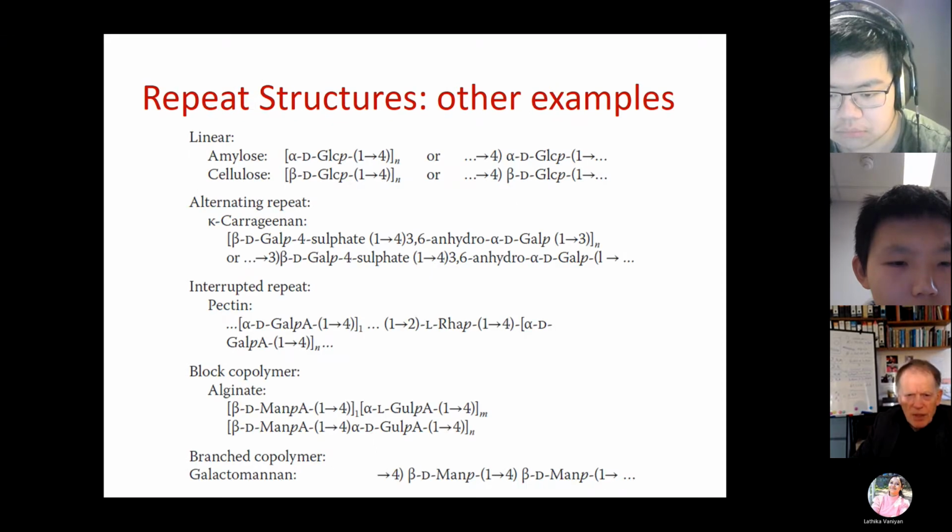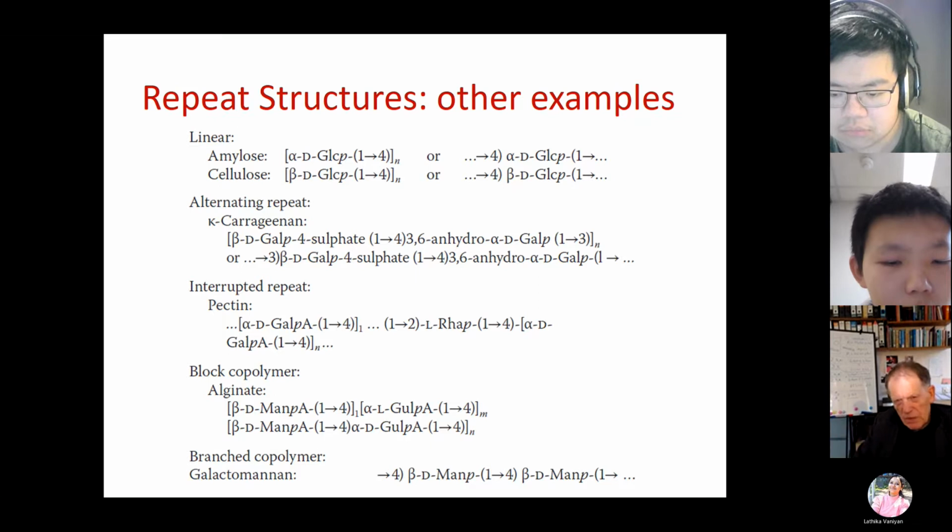And you can represent repeat structures with this type of notation, the 3-letter notation which I introduced in that table. So this is a popular way of representing the repeat structures of polysaccharides, or the primary structure of polysaccharides.